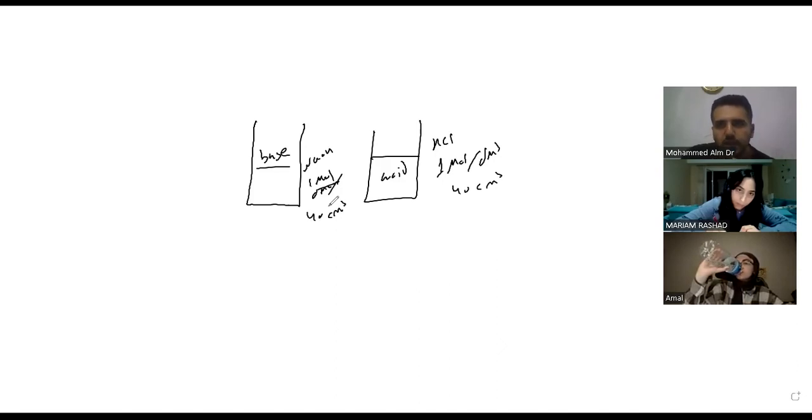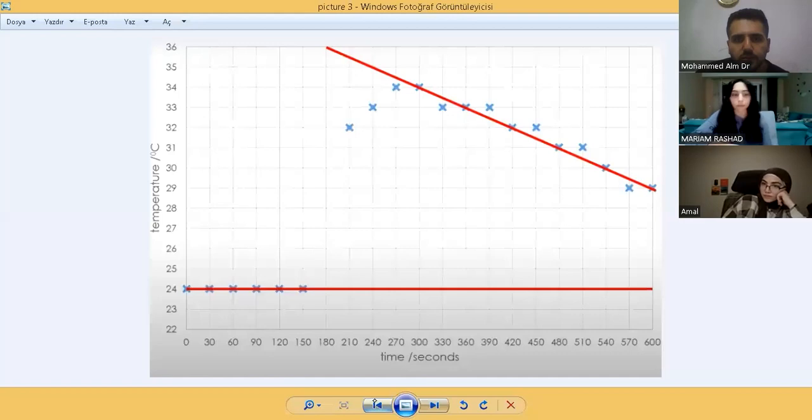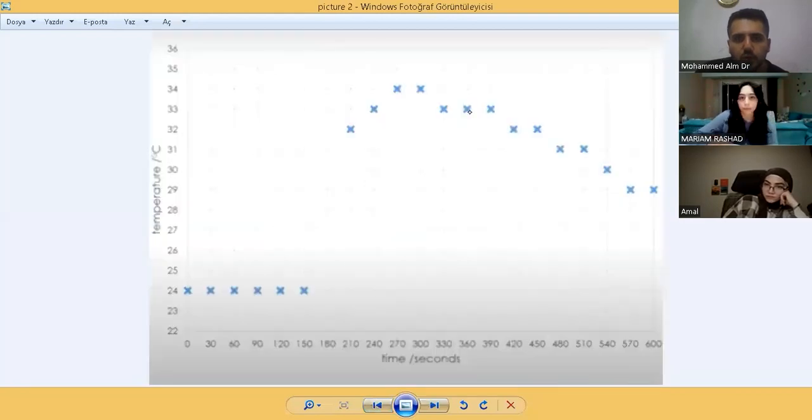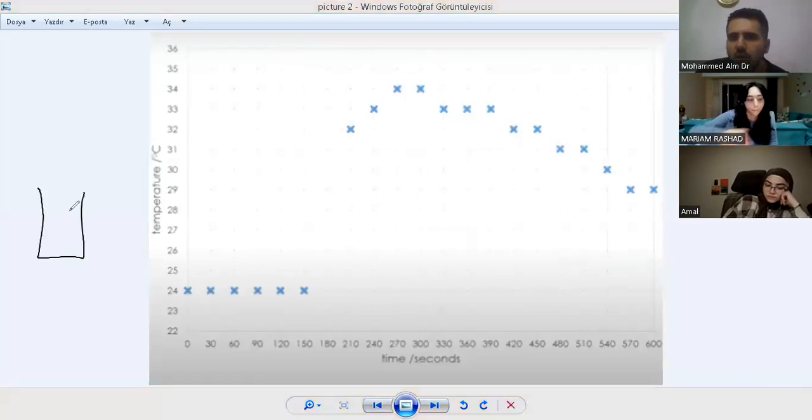To do the experiment and find delta T, we will do the same thing that we did before. We will measure the temperature of the acid or base. Up to you, you can measure either one.